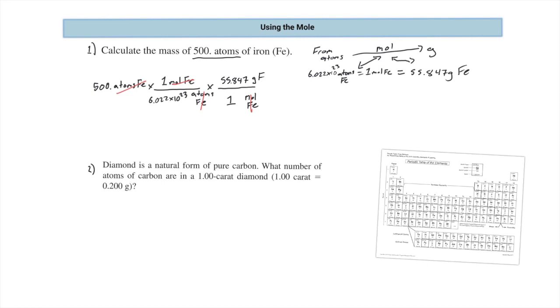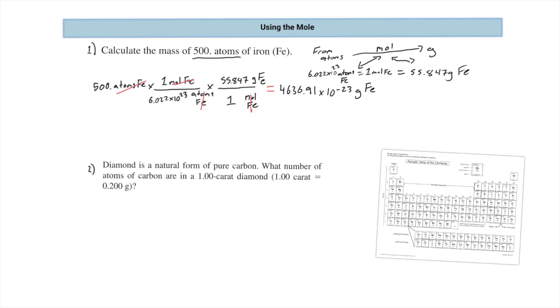It's 4636.91. And that's going to be times 10 to the negative 23, since that's in the denominator. And that would be grams of iron, not fluorine.